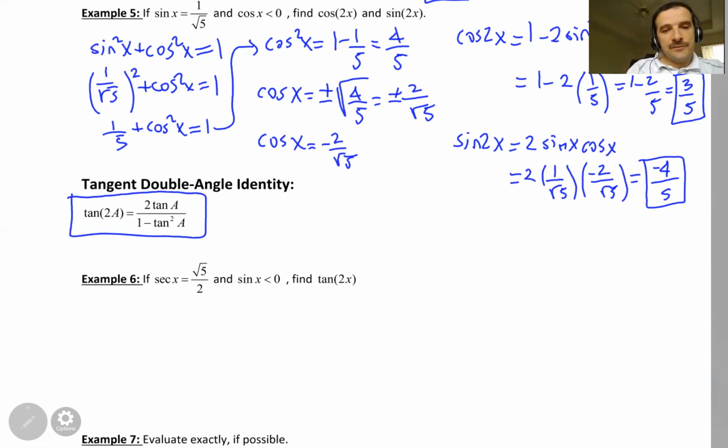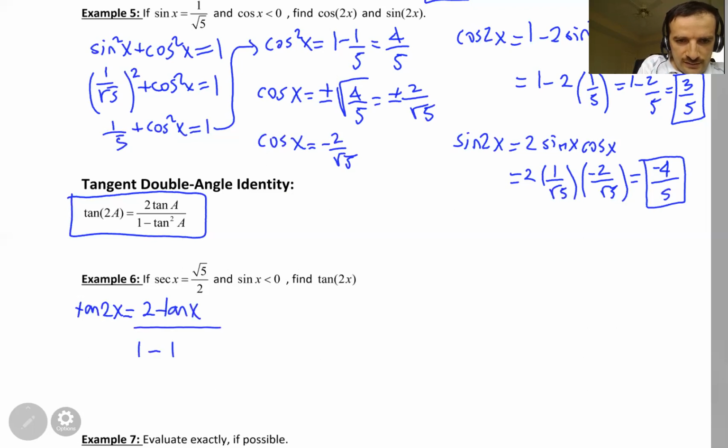Okay. So first of all, what is tangent 2x, right? Let me write down what tangent 2x is. I'm just using this formula: 2 tangent x divided by 1 minus tangent squared x. Okay. So I need to know what tangent x is to find what tangent 2x is.